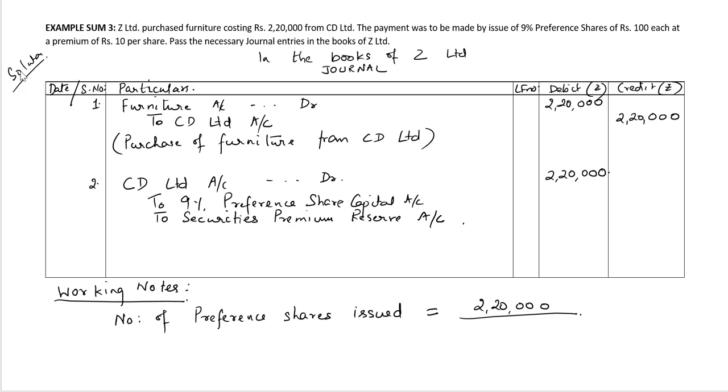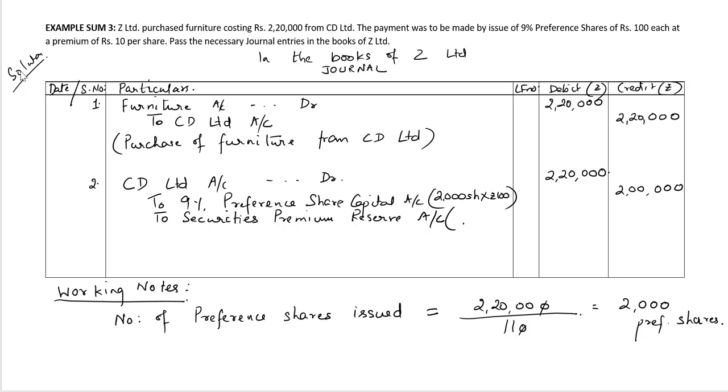Hence the issue price of the preference share is 110 rupees. So the number of shares issued is 2,000 preference shares. Against 9% preference share capital, we will write 2,000 shares multiplied by the face value, rupees 100, comes up to rupees 2 lakh.